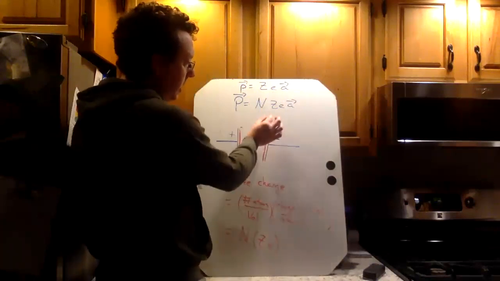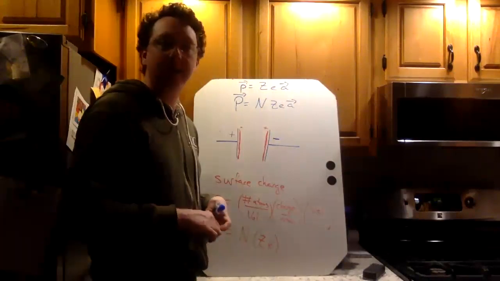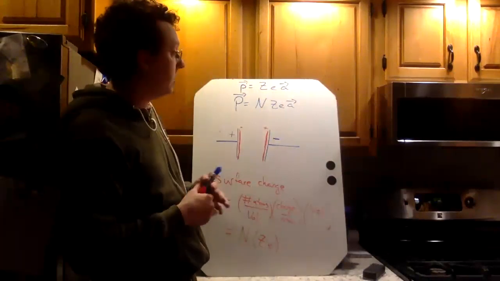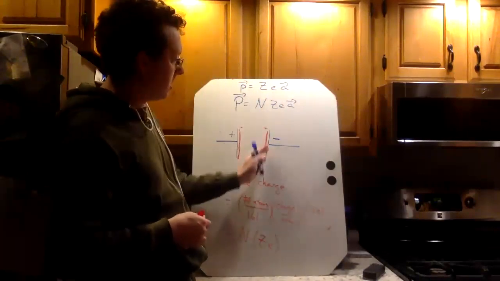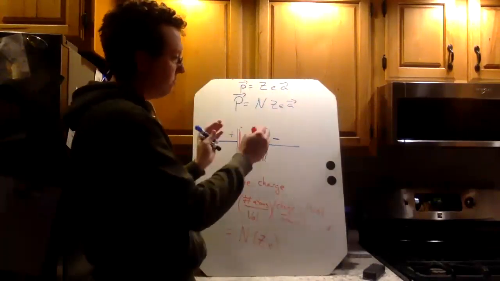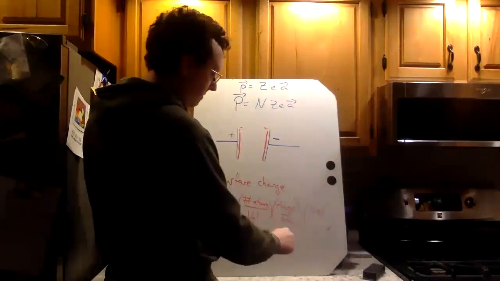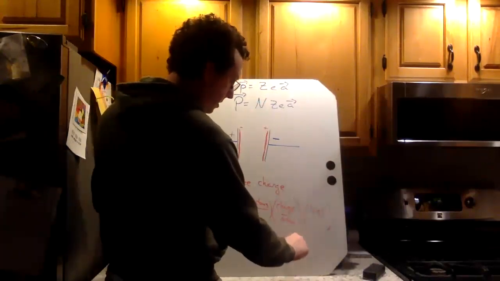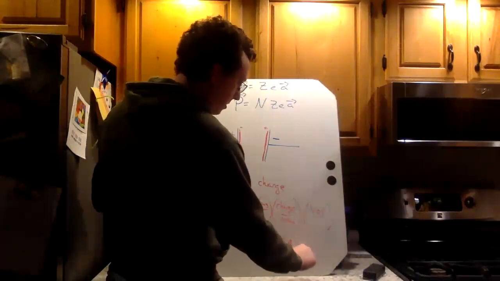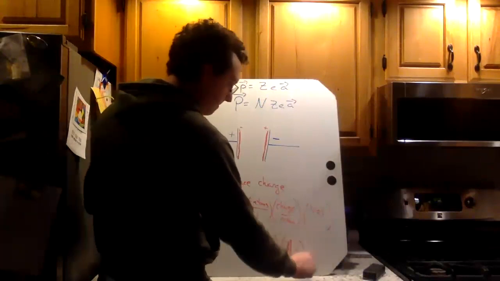And finally, what's the volume of that boundary layer? Well, it's hard to say exactly, but it's roughly going to be the area of the capacitor times the polarization vector, because that should set the scale for the thickness of that layer. So it should be the area of the capacitor times the size of the polarization vector.